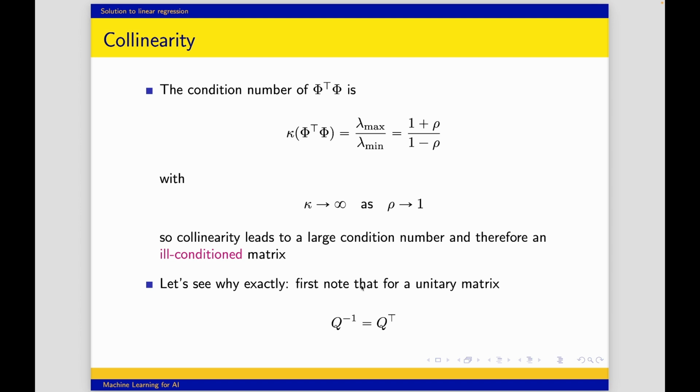Well, first of all, for a unitary matrix, I told you this before, its inverse is equal to its transpose. And in our eigen decomposition, so when we decompose phi transpose phi, we wrote it like this: Q lambda Q transpose, right?